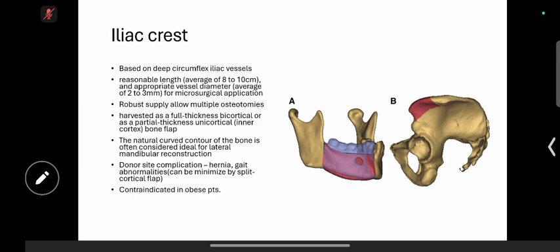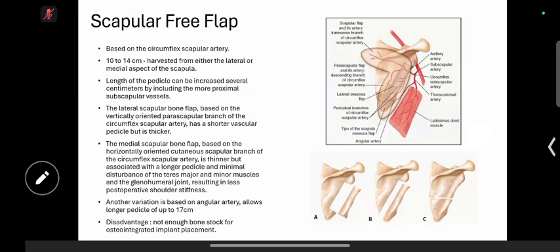The natural curved contour of the bone is often considered ideal for lateral mandibular reconstruction. There could be donor site complications which include hernia and gait abnormality, which can be minimized by a split cortical flap. It is contraindicated in obese patients.